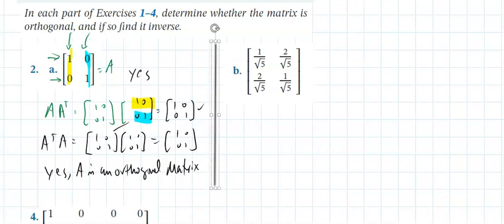And how about this matrix? Well, I look lengthwise. I noticed that the magnitude of that is not 1. That's 1/4. That, and that, yep, out of luck. I was hoping that would work.